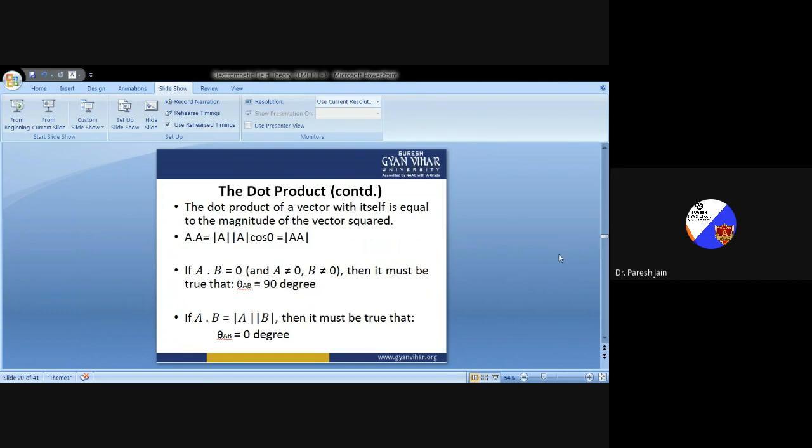The dot product of a vector with itself is equal to the magnitude of the vector squared. How is it possible? We can understand from the equation shown in the slide, a dot a.